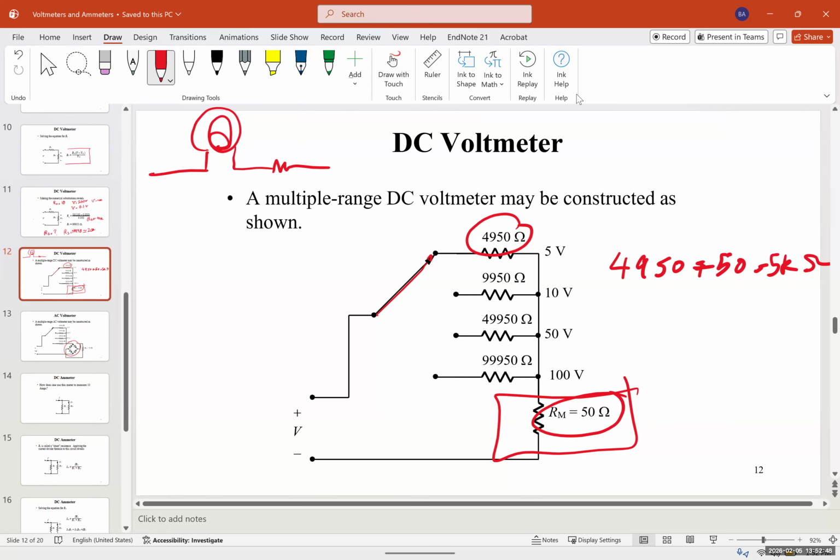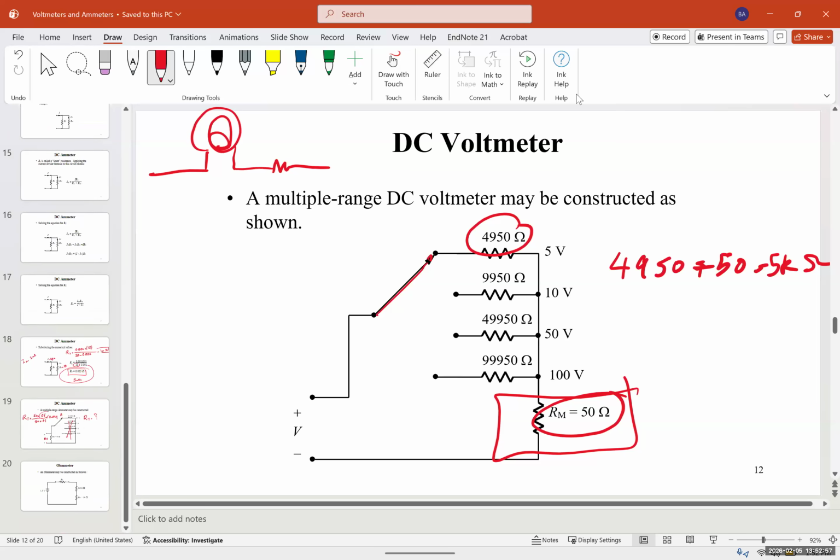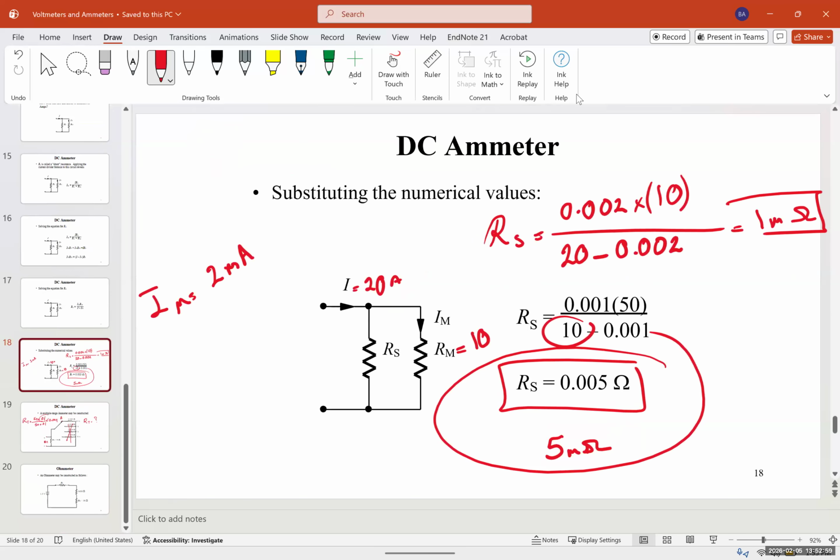Are VM and IM internal characteristics of that as well? Yes, VM and IM are internal characteristics of that as well. You can easily find VM and IM using Ohm's law. If I don't give it to you and I give you V and I, you already have RS, so you can find that.